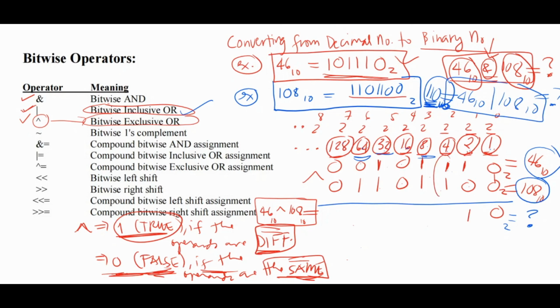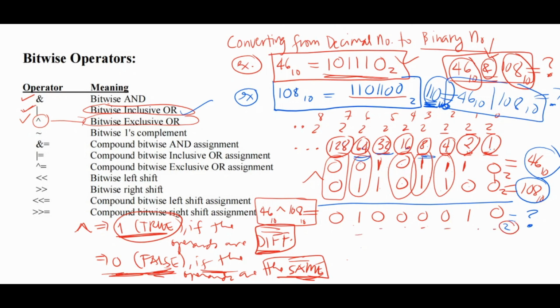This is the same, so this is 0, same, 0, same, 0. This is 1 exclusive OR 1, the same, so 0 again. And for this column, they are different, so the answer is 1. And finally, the last bit position is 0. So the bitwise exclusive OR for 46 and 108 is 1, 0, 0, 0, 0, 1, 0.